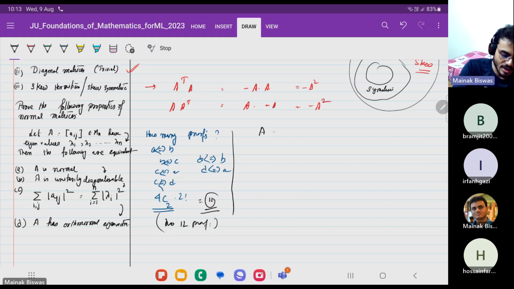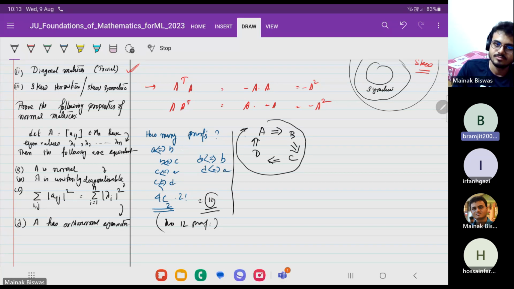If I can prove A implies B, B implies C, C implies D, and D implies A, am I done? Yes, so it's a cyclic proof. But what about the proofs that come back? Because for equivalence it's an if and only if type of condition, so we also need to come back.